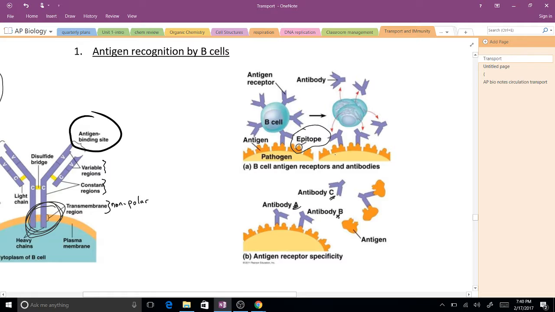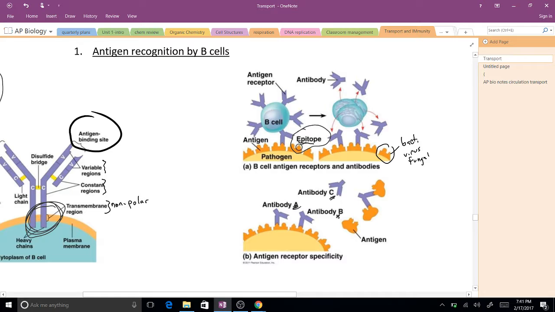The pathogen would be things like bacteria, viruses, fungal cells, anything that would be foreign, even a transplanted organ. We worry about that as well. They all have different antigens on their surface. And even the antigens can have slight different variations, and we call those epitopes. So even an antigen could have slight variations that two types of antibodies or receptors might react to.